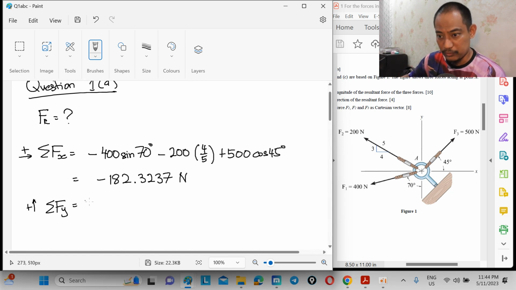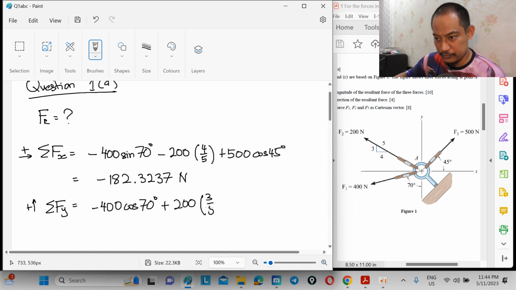Now summation of Fy. F1 is downward, so minus 400 cos 70, plus 200 times 3/5, plus 500 sine 45 degrees.